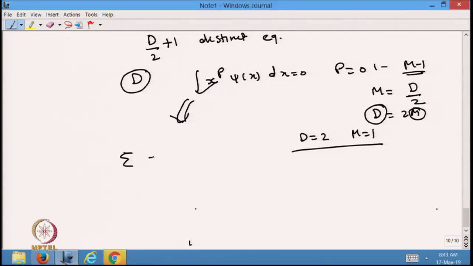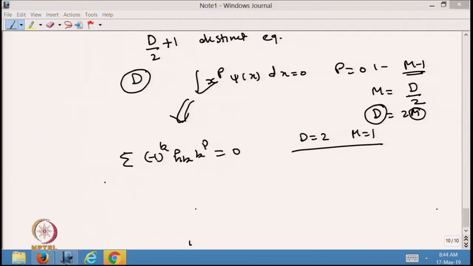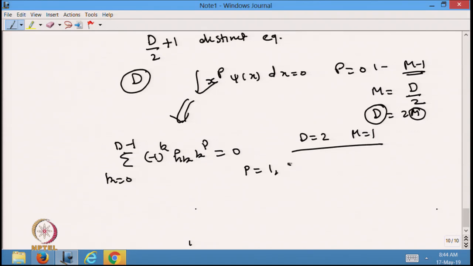From this relation one can construct this, for p is 1, 2. So, from here I got these many distinct equations.